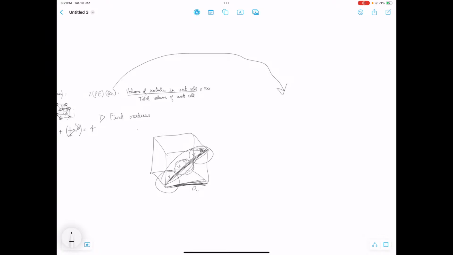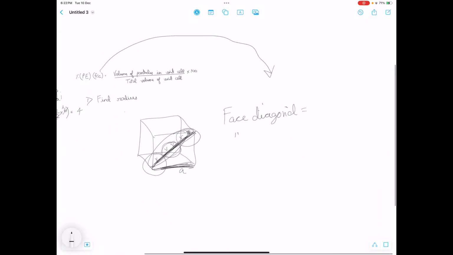Now, by geometry we know that this diagonal is equal to, so let's write, face diagonal is equal to root 2 of a.